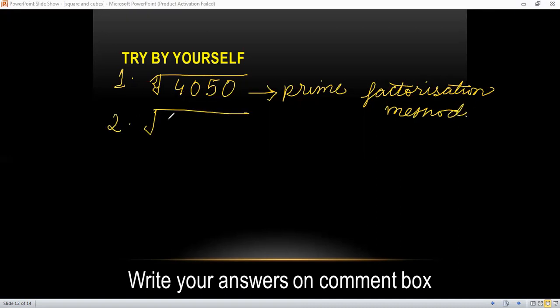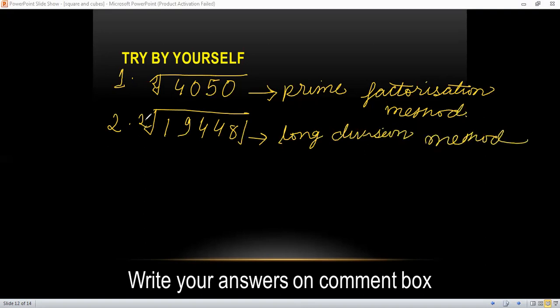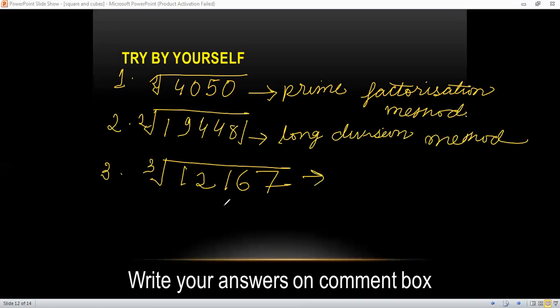And for this number, you find the square root by using the long division method. For this number, you find the cube root by using the method which I have discussed here.